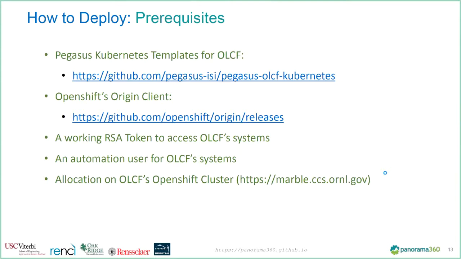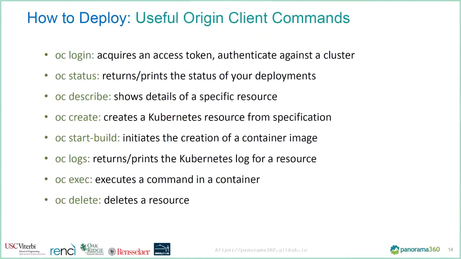So a couple of useful client commands that you can use with the origin client. The binary for the origin client is called oc. With the oc login command, you can acquire access tokens and authenticate yourself against the cluster. With oc status, you can get the status of your deployments within that cluster.